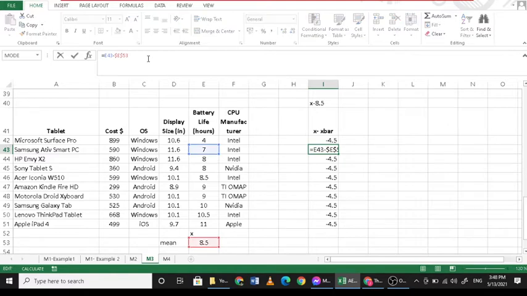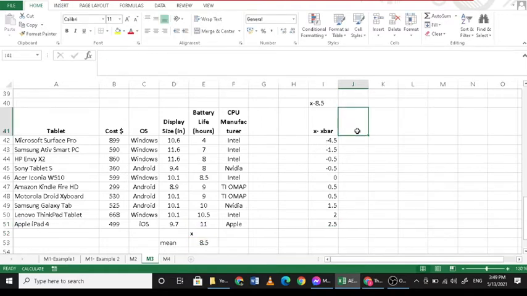Actually, class, it works when I use equal, it just isn't automatic. Okay, so this is now your x minus x bar.